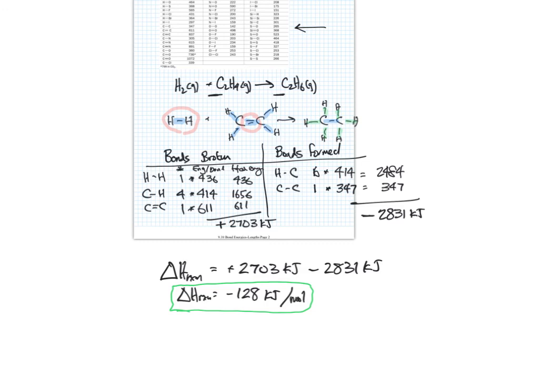Let's take a look at the prior page for a second, 137. Change color here. Delta H sub F is equal to minus 137 kilojoules per mole. So you might be asking yourself, why are these not exactly the same?